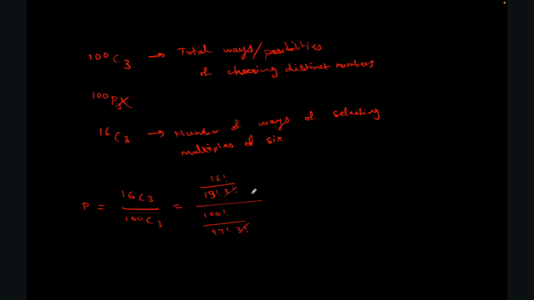The 3 factorials cancel, and we're left with 16 times 15 times 14 over 100 times 99 times 98. If we simplify it, we'll get our final answer. If it's in a calculator section, it's going to take like 2 seconds. If it's not, you know how to solve it now.